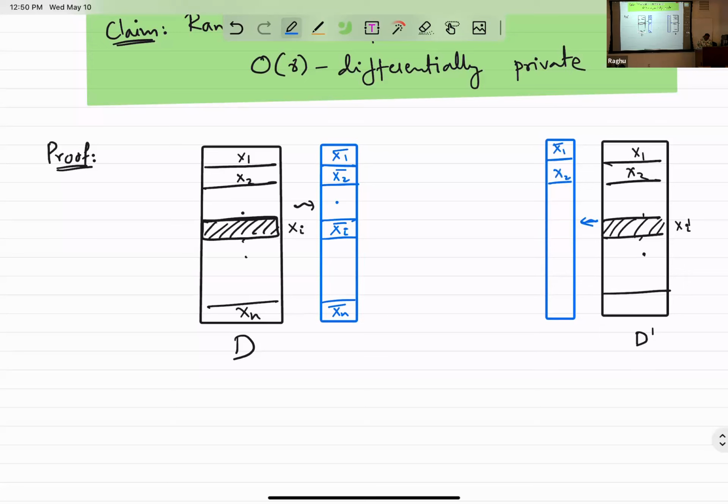You add noise to each coordinate, but here this is a special one where they differ, so these two could still differ. Between these two, every coordinate has the same distribution except the ith coordinate, because they were starting from different things, and then you're doing some randomization, so the distribution could still be different.